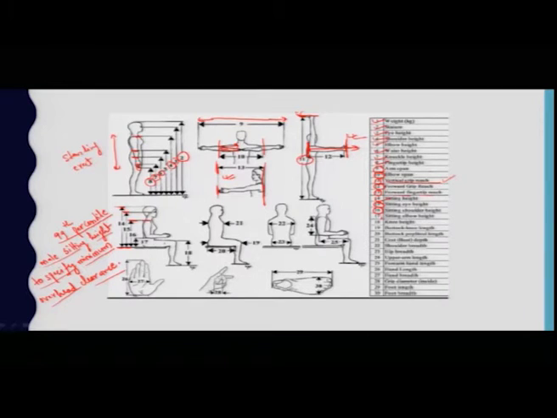Okay. And now sitting elbow height. Sitting elbow height is the distance from the seat surface to the underside of the elbow. So, you can see from this figure that sitting elbow height is number 17. This particular distance is known as sitting elbow height.